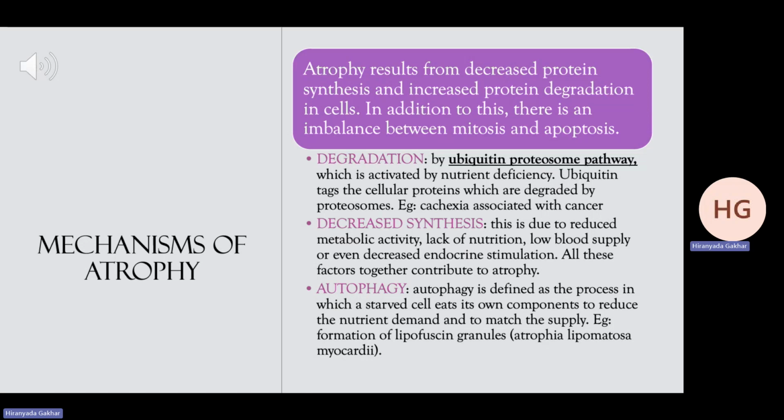Because it has no food from the outside, it starts eating and utilizing its own components to meet the nutrition demands of the cell. So that is what is happening in autophagy. And an example for this is formation of the lipofuscin granules in the myocardial muscle cell.